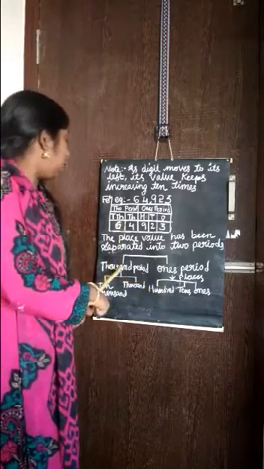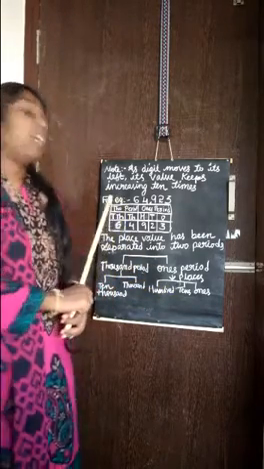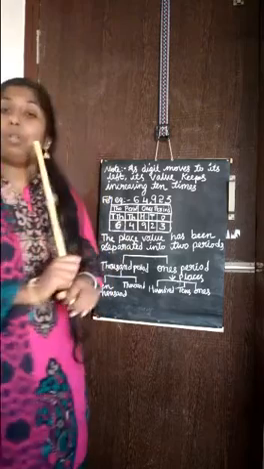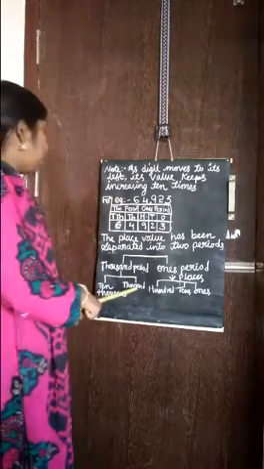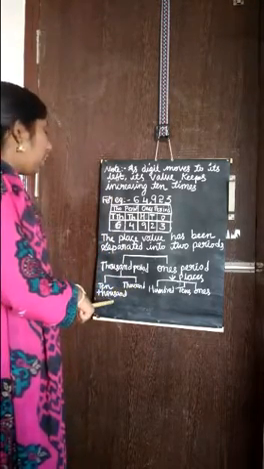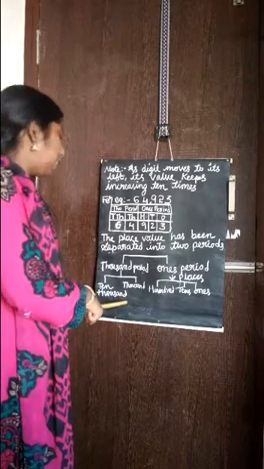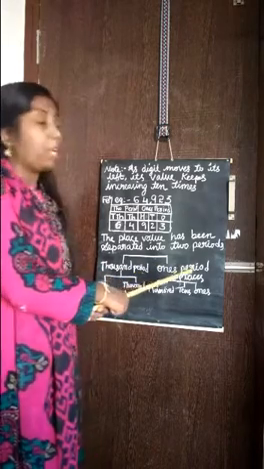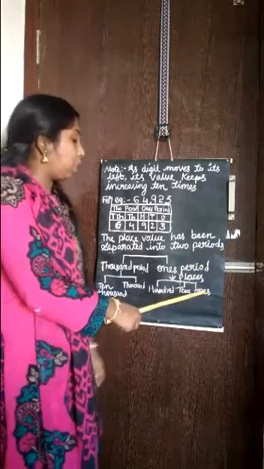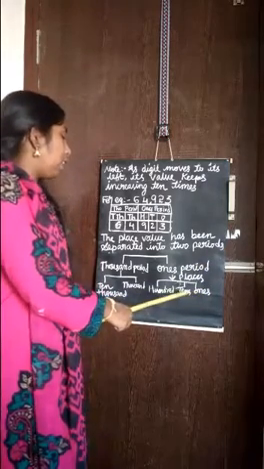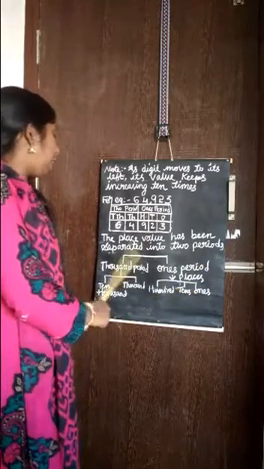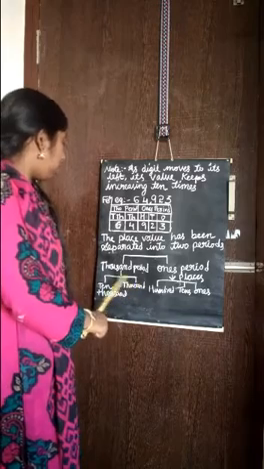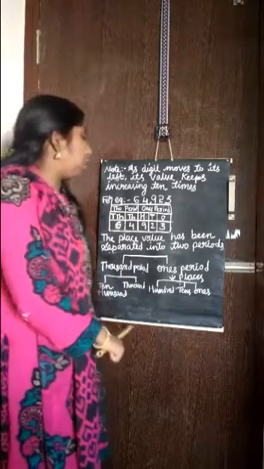Next, similarly, thousands period is divided into 2 places. What are the places? Thousands and ten thousands places. Ones period has 3 places: ones, tens, hundreds. Thousands period has 2 places: thousands place and ten thousands place.